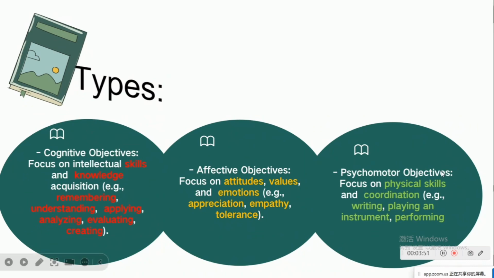And finally, psychomotor objectives focus on physical skills and coordination, such as writing homework, operating instruments, performing, and so on.